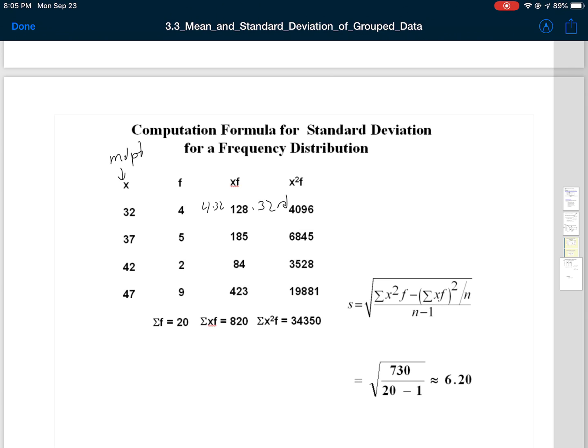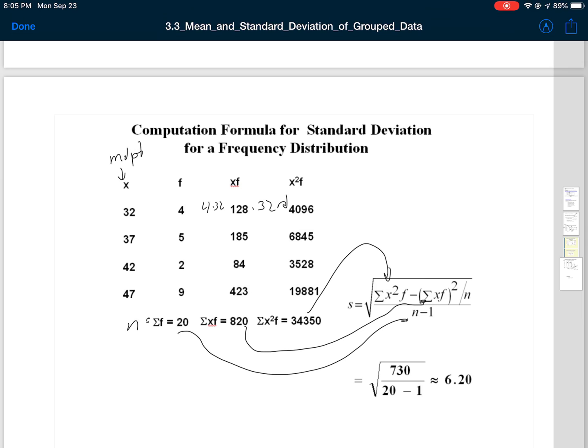And that's going to give me x squared f. So there's that 4096. Do the same thing all the way through. At the end, find the sum of those. That number is going to go right there. Again, n is the same thing as the sum of my f's, so there's my 20.